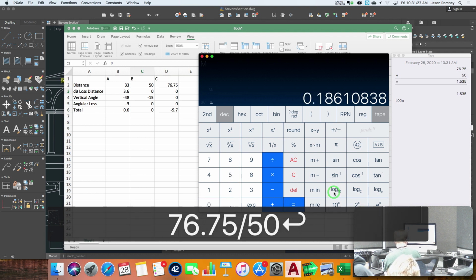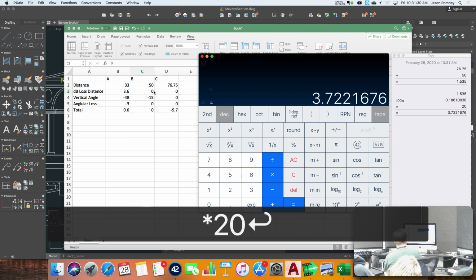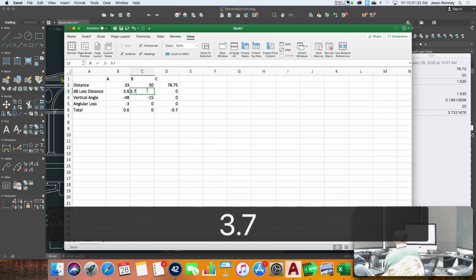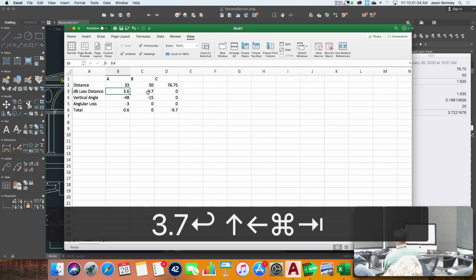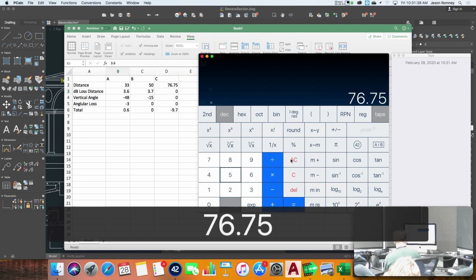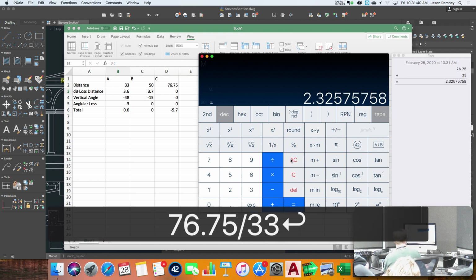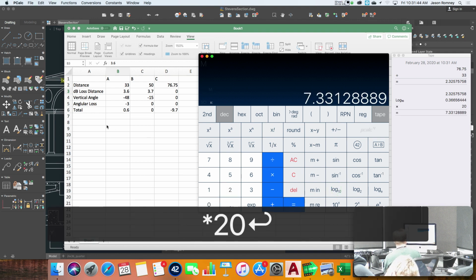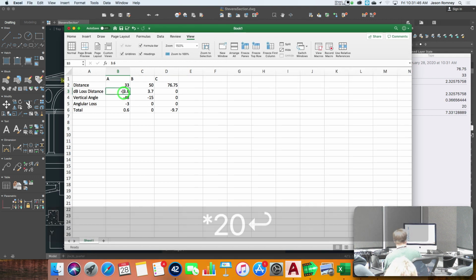So we do a 3.7 gain here because we're closer, right? Then here, this would be 76.75 divided by 33, log 10 times 20. So we're actually doing a 7.3 dB gain now, right?